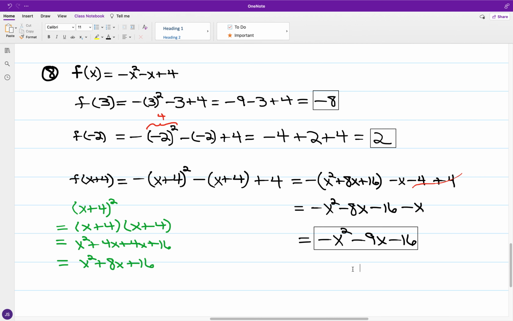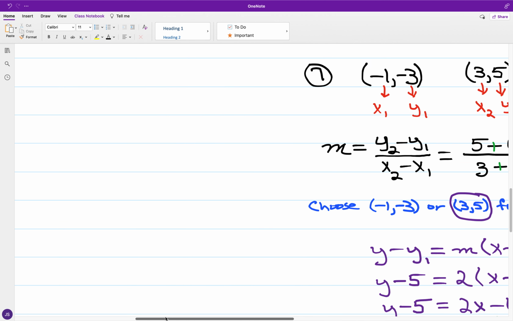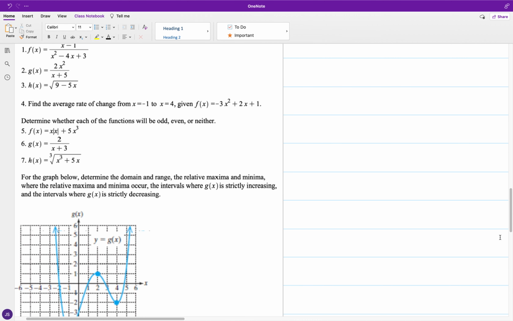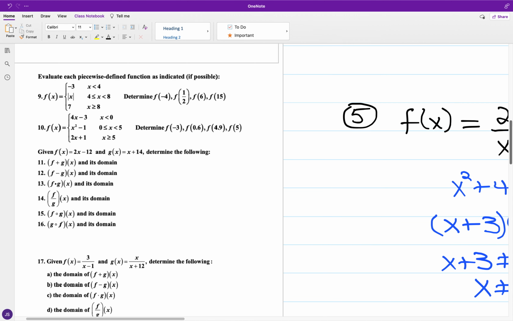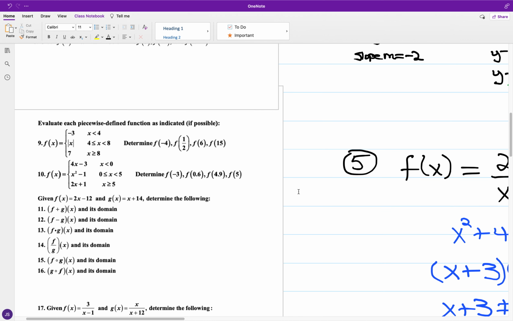Now crossing over to what we have in the case of piecewise defined functions. All right, so for number 9, you have 3 sections here in terms of how f of x could be utilized, and how it is used is contingent upon the size of the input.